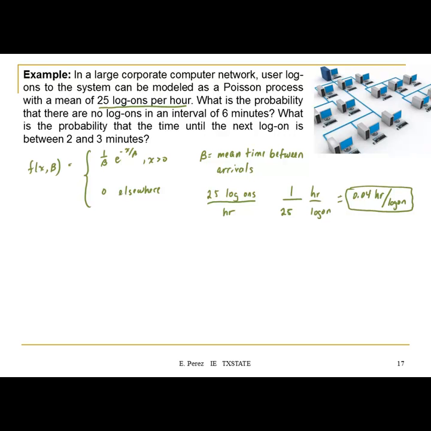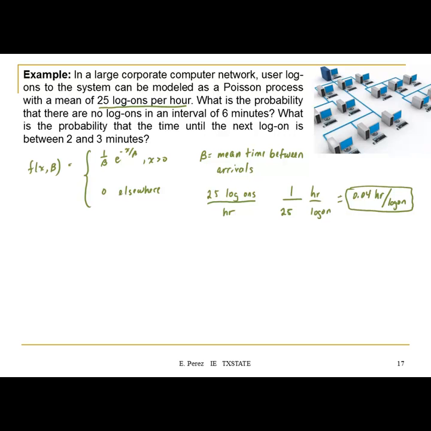Okay, so the first question is, what is the probability that there are no logons in an interval of 6 minutes? So, how would you state that probability? You can do this in different ways.